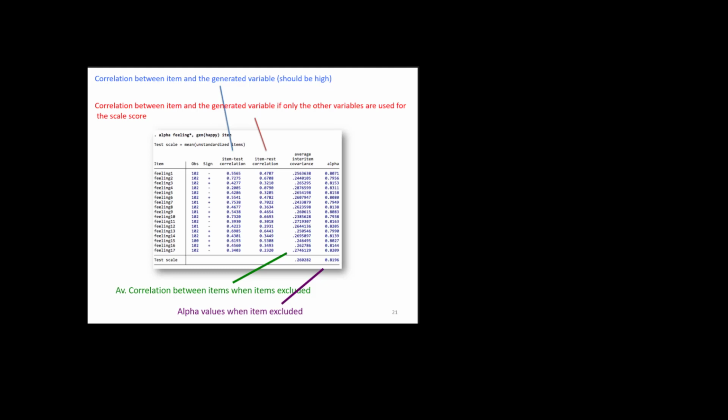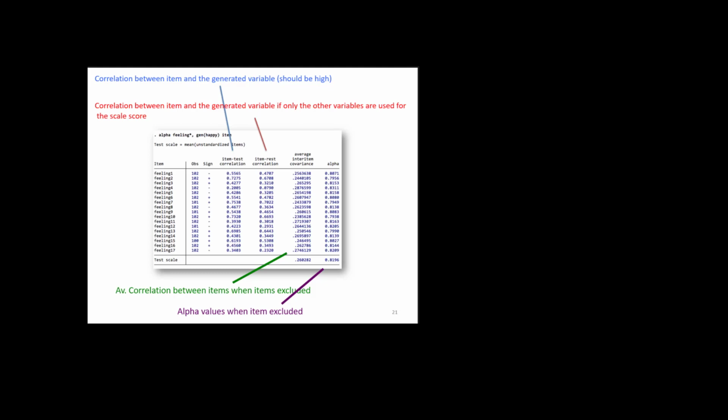Of course, if you calculate the correlation between feeling 1 and the scale score, feeling 1 is also part of that scale score, so there will always be correlation. So actually this is a little bit more pure calculation because it is the correlation of feeling 1 with the scale score minus feeling 1. However, the numbers will be a little bit lower than the column before, but the order will more or less be the same. Then the column next to that, average inter-item covariance. Well, in practice you won't be using that, so we'll disregard that here.